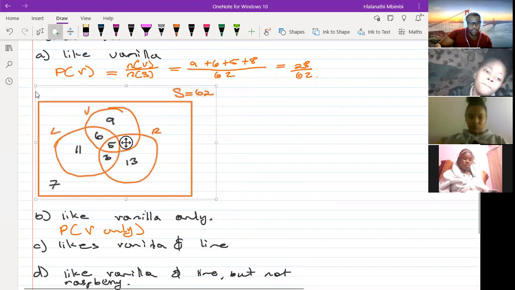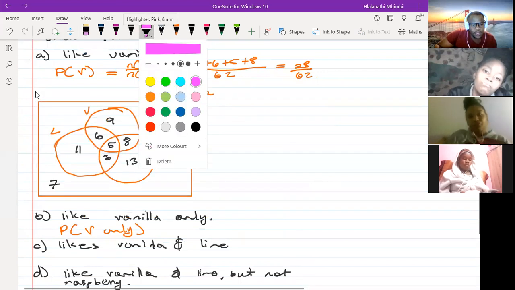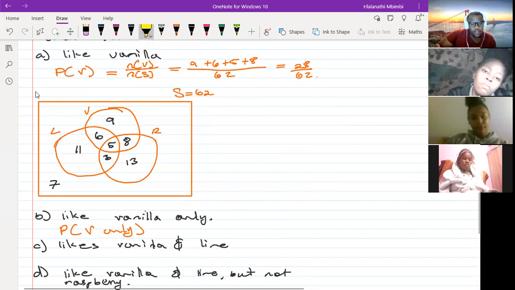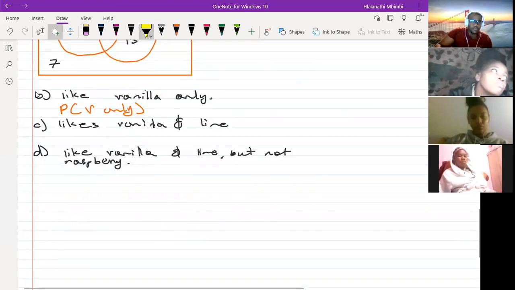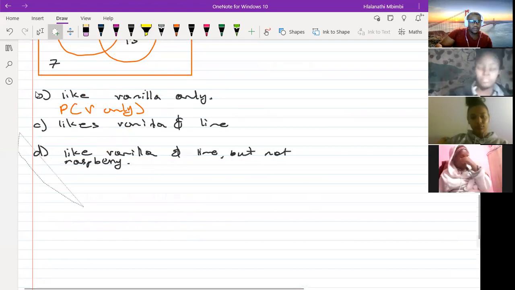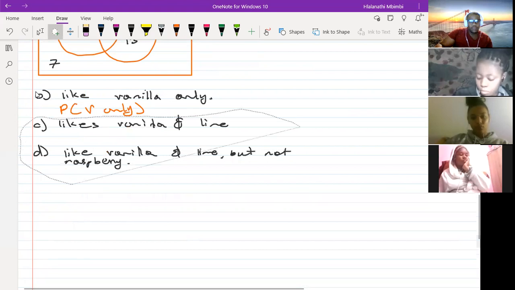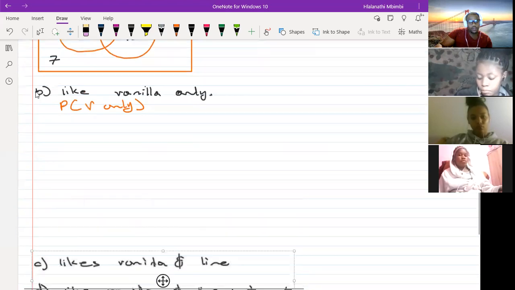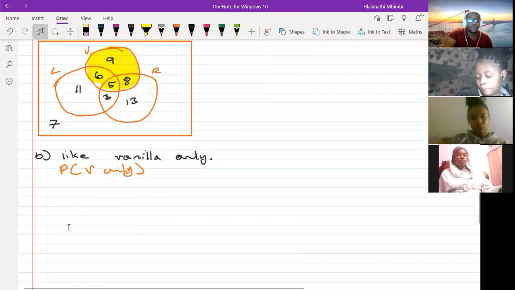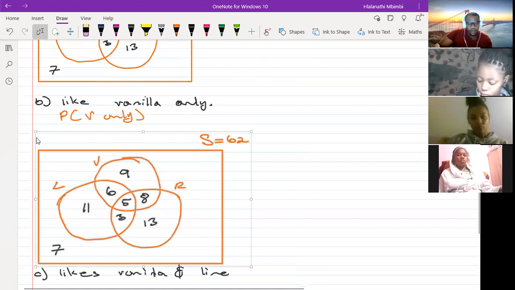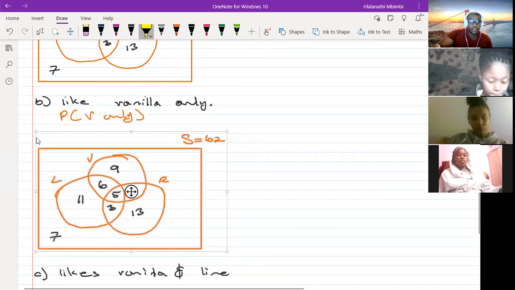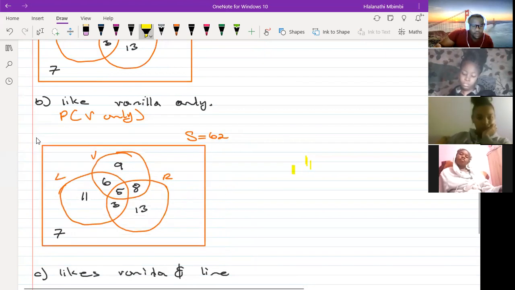Just to give you perspective, we're looking at this part over here, and then the second one, people who like vanilla only. Vanilla only would be this part alone.